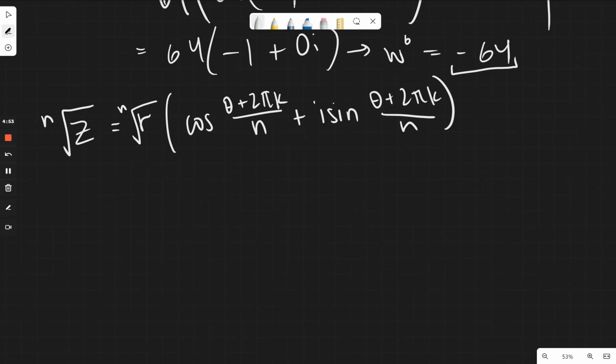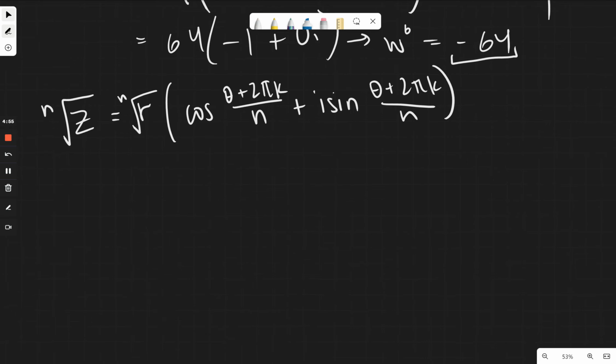So let's say we have negative 64 and we have to take the sixth root of it. So first, let's try to find a way to represent negative 64 in polar form. If there's no imaginary part, there's no i, that means on the unit circle, it's either going to have to be here or here.